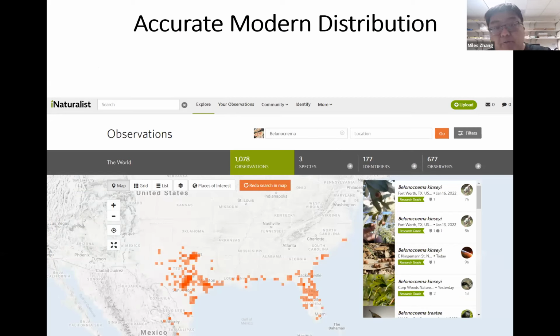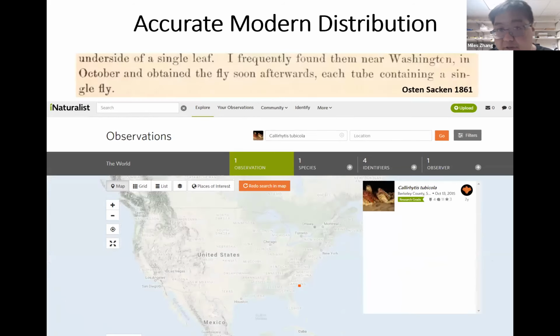We only know them based on our specimens from the US, but you can see it dips down to Mexico, which is not surprising at all. And these are all records by various people because, unlike many microhymenopterans, the galls are really distinctive. You see them and you want to know what they are, so they put it on iNaturalist. And this is all curated thanks to volunteers as well.